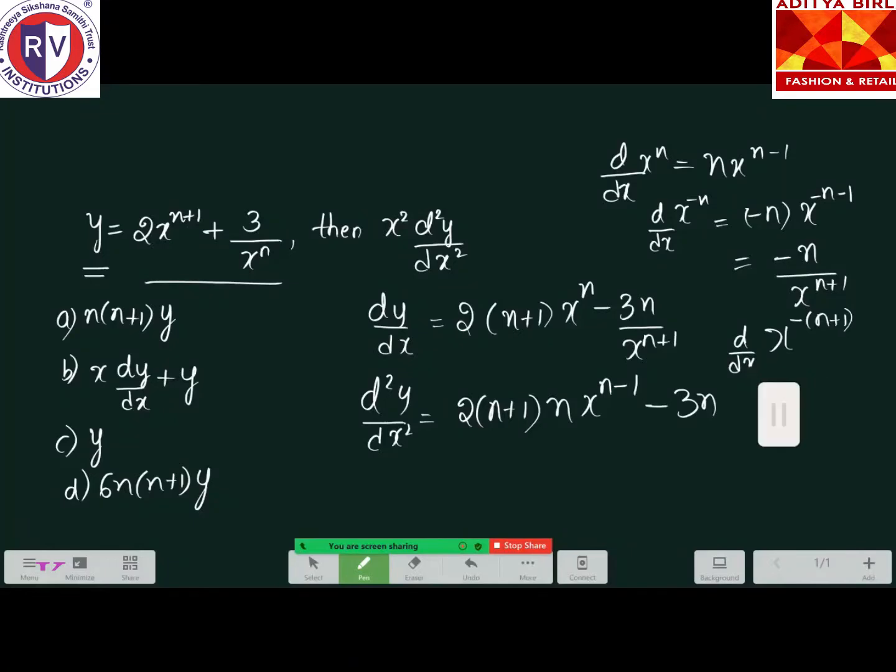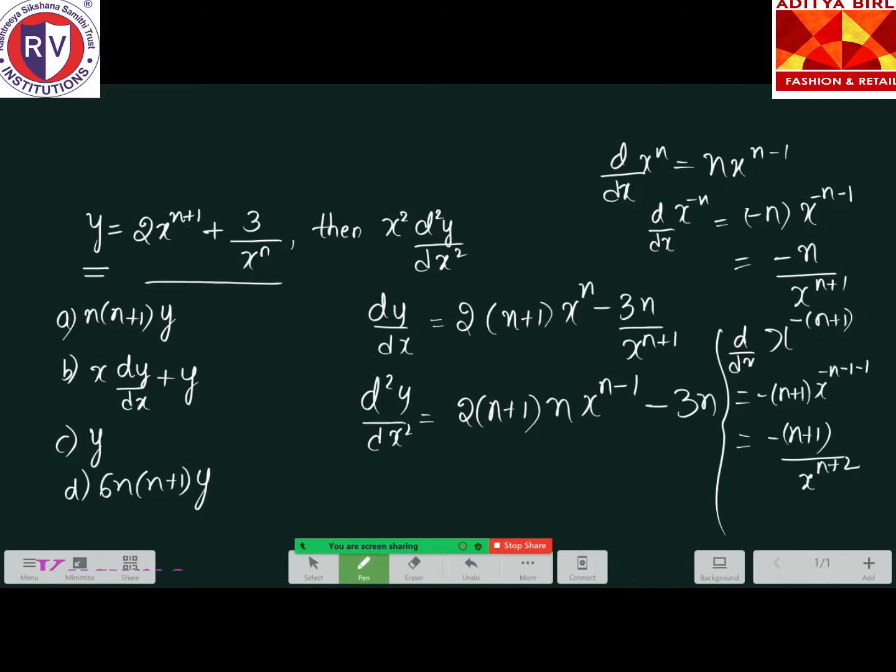I'll write it here. So this will be x to the power of minus n plus 1, x to the power of minus n minus 1, a minus 1. This is nothing but minus n plus 1 divided by x to the power of n plus 2.